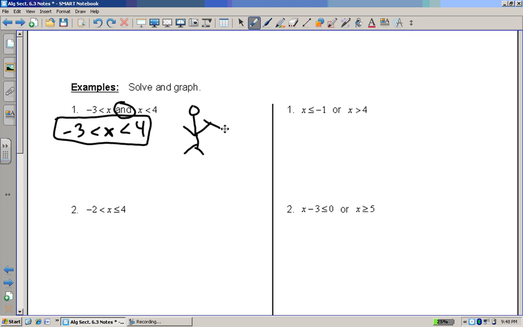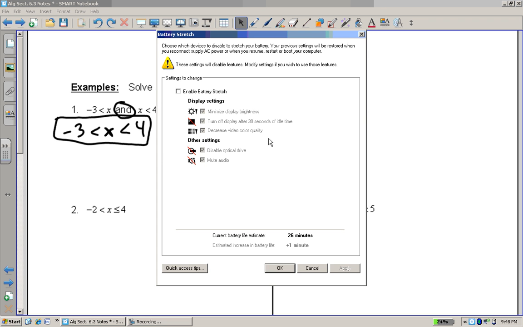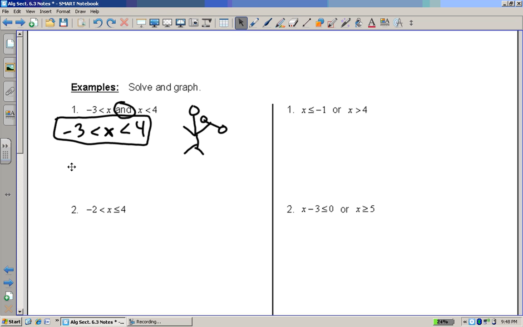There is mighty Conan. Since we don't have the "or equal to," there's going to be an open. So that's what we're going to see. So -3 and +4. And we're going to have open circles.